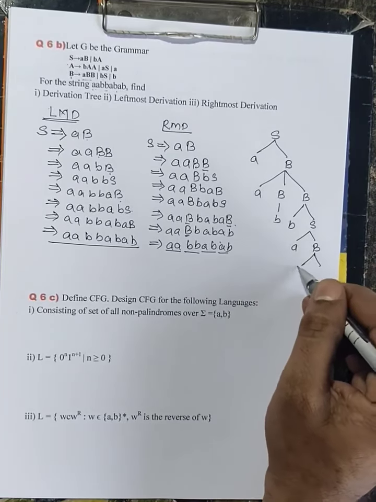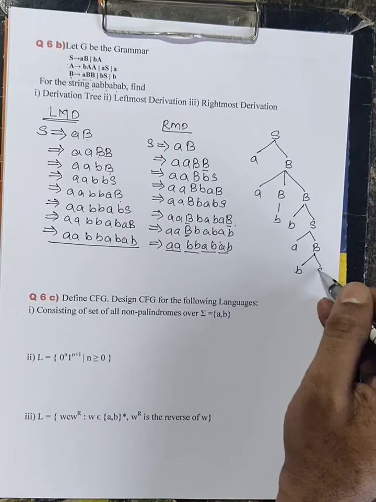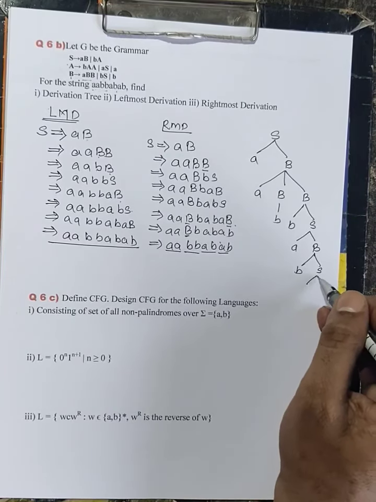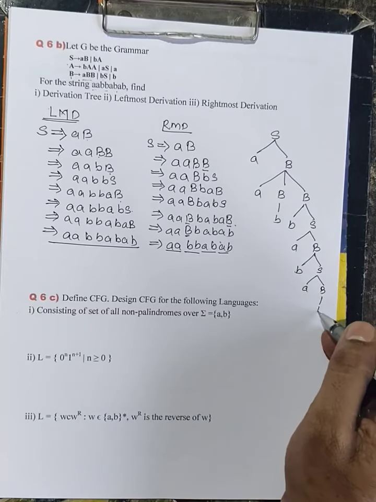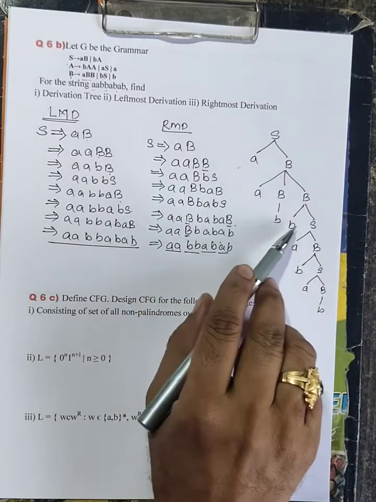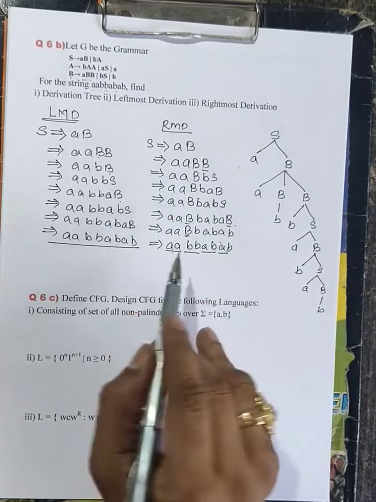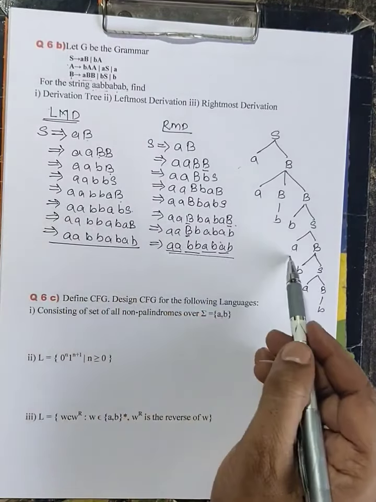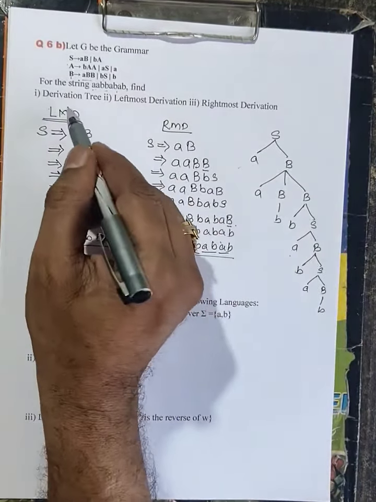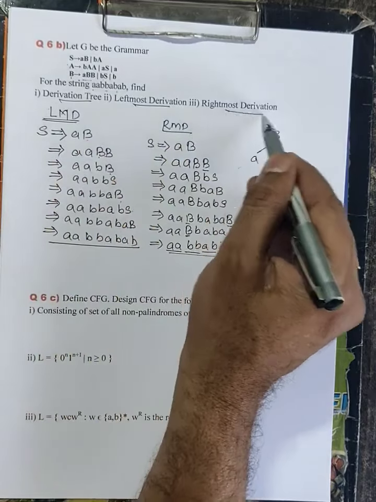Again B produces B, and S produces AB, B produces B. 2A, 2B, AB, AB. This string is generated. This is LMD, RMD, then derivation tree or parse tree.